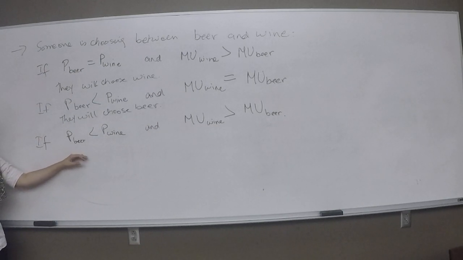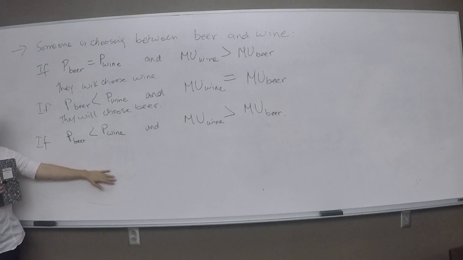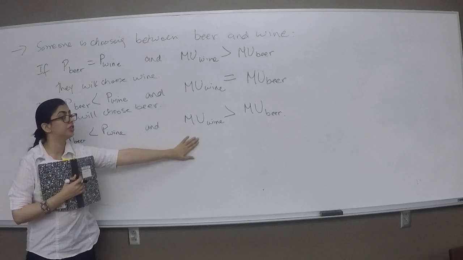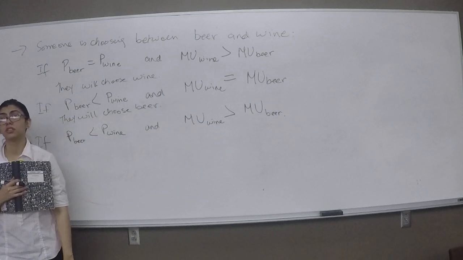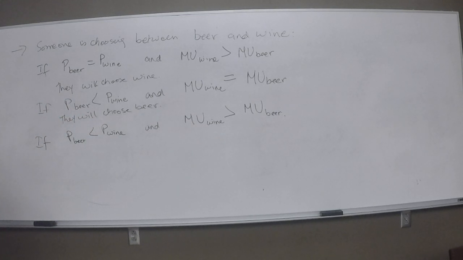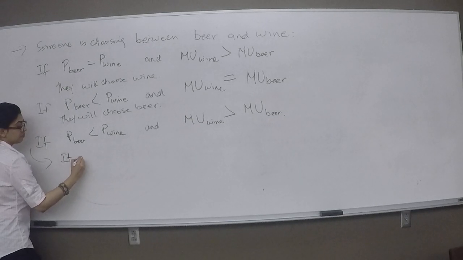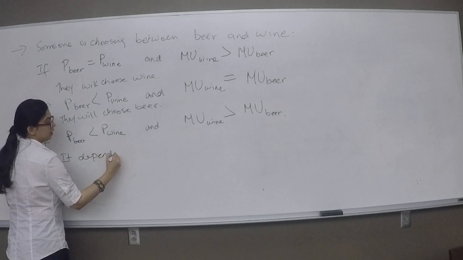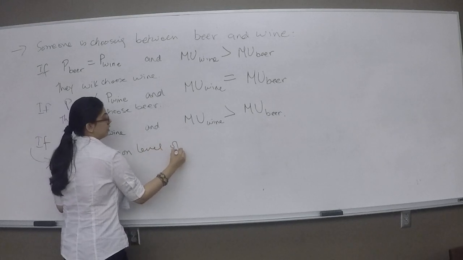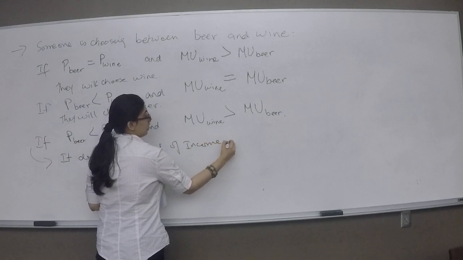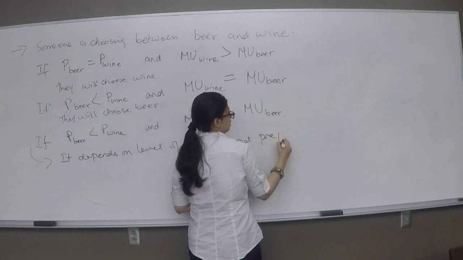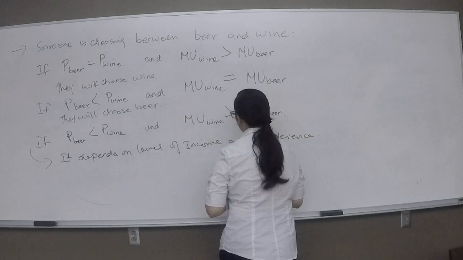So beer is cheaper than wine, but the utility you get from wine is greater than beer. What are you going to choose? It depends on your income level and your preferences. So for this one, it depends on level of income and preference.